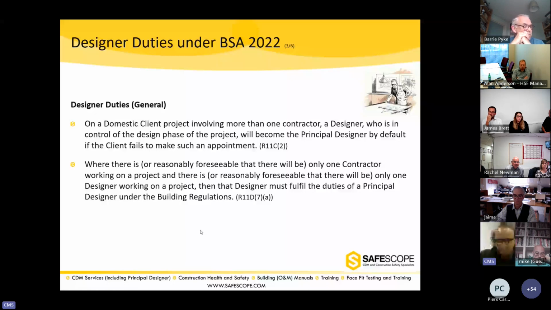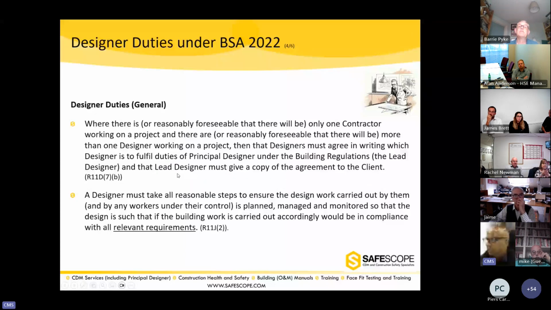If it's more than one designer, then they will agree in writing between them. We went through it already in the flow diagram. I think we went through the last one as well already. If there's more than one designer on a one contractor project, they should agree in writing who will act as a principal designer, and they will be called lead designer. And they give a copy of that agreement to the client.